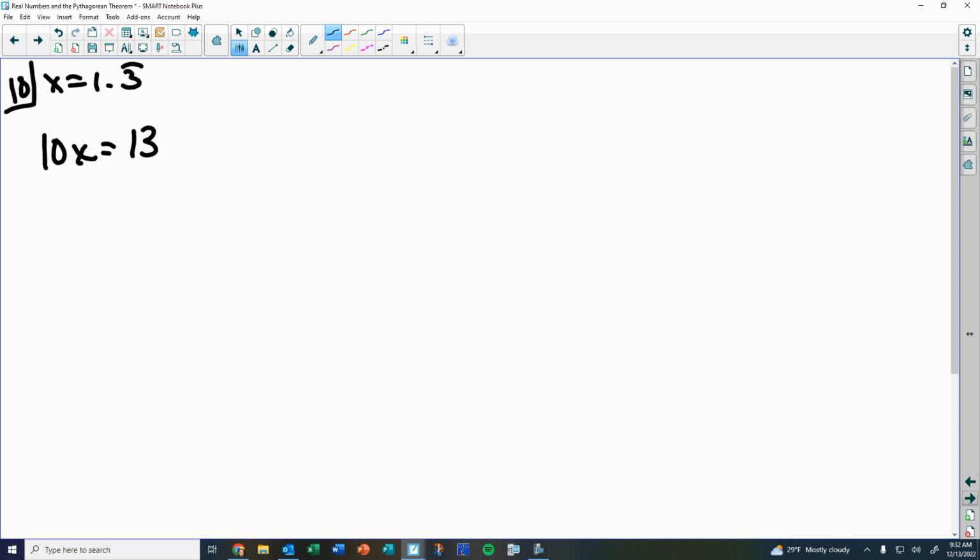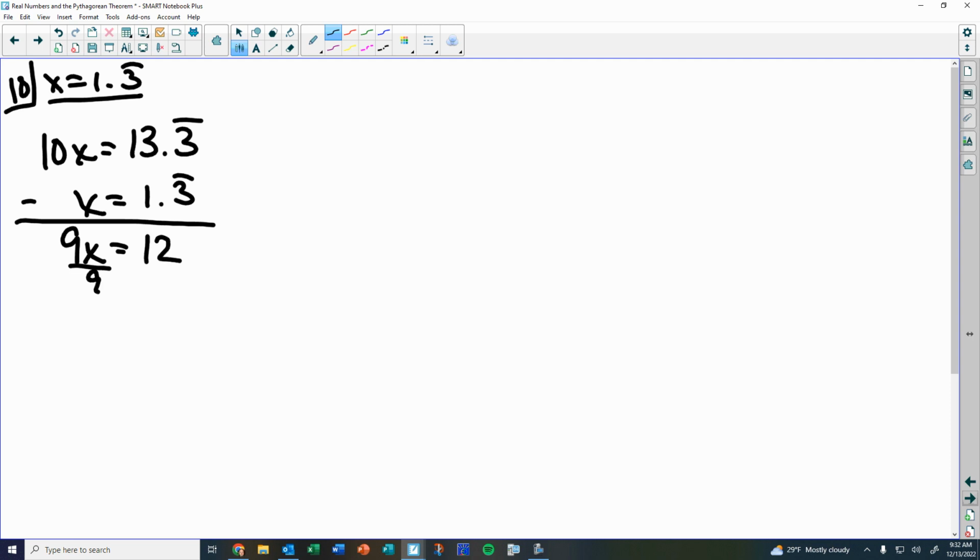So that's 13.3 repeating. And then we're going to subtract the original. So this becomes 9x when you subtract 10x minus x. And this is 12. So when you divide by 9, you get x equals 12 ninths, which reduces to 4/3 or 1 1/3. Probably for this, easier to do 4/3.